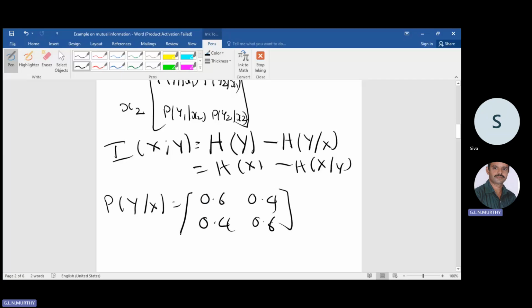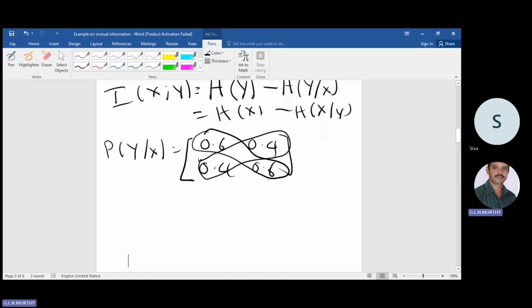Such a channel is called a symmetric channel. In the problem itself, it has been mentioned: it is a binary symmetric channel. Binary means two input symbols and two output symbols. Why symmetric? If you observe, these values are equal and these values are equal. That is why such channels are called binary symmetric channels.